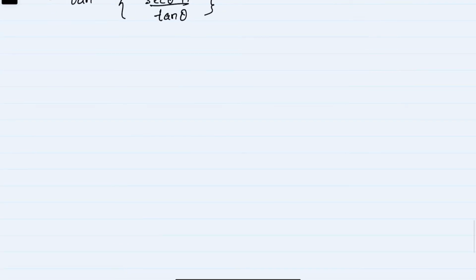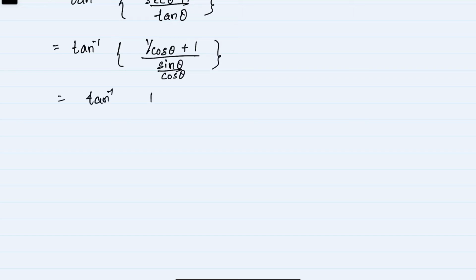Now, since our first priority is satisfied, we'll try to bring the function inside the bracket same as in the first sum. For that we'll convert secant and tan in terms of sine and cos. After taking the LCM, our next step is tan inverse of 1 plus cos upon sine.